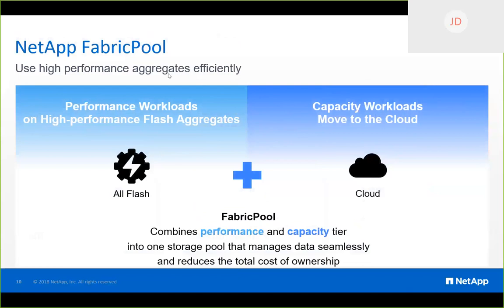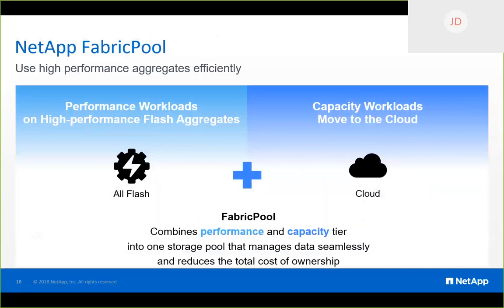For example, with the setup on the slide, maybe you have an all-flash array on premises, and then you're just keeping archive data in the cloud. Cold data would go to the cloud, and then when you try to access it on your system to work on it, we would transfer it to your all-flash system so that you get that better performance while you're using it. When you're done, we automatically put it back into your capacity tier on the cloud.